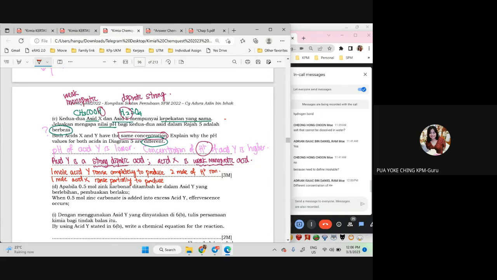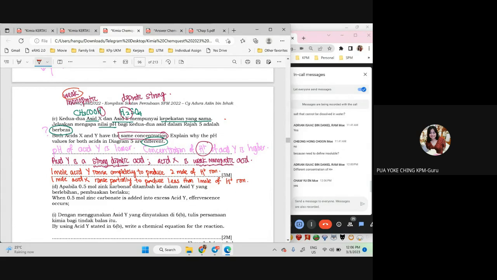Is it 1 mole? Is that 1 mole? Yes, you are dealing with weak monoprotic, weak. So it will become less than 1 mole of H plus ion.